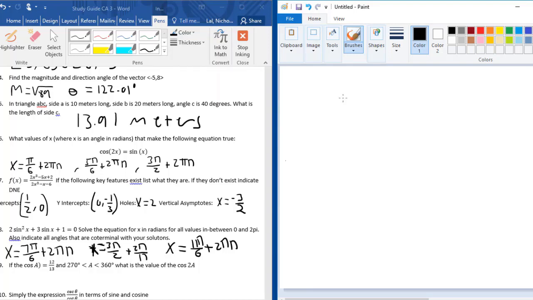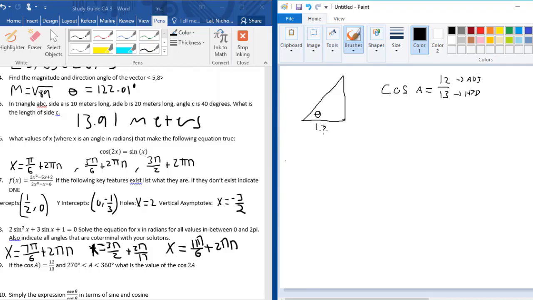Let's just draw our reference triangle. If the cosine of our angle A is 12 over 13, from SOHCAHTOA, 12 is the adjacent side and 13 is the hypotenuse.